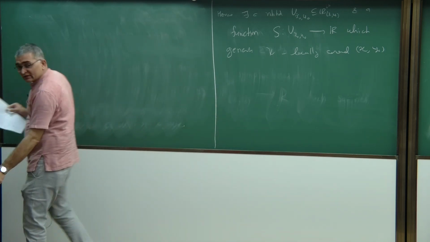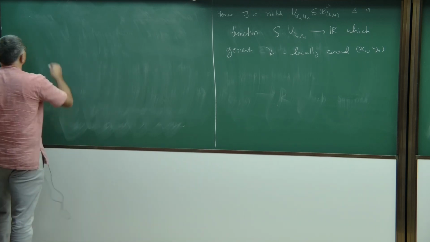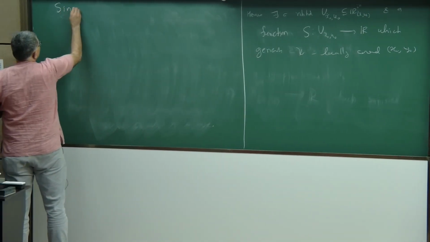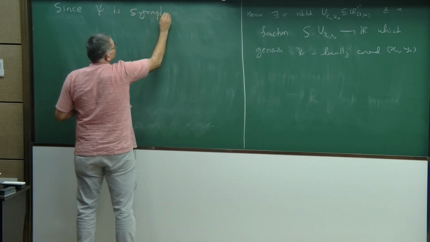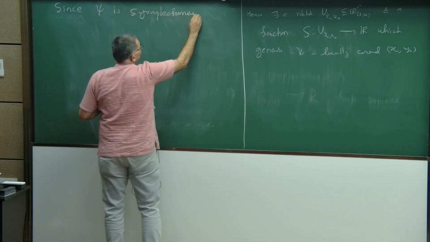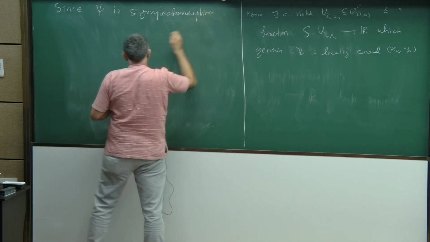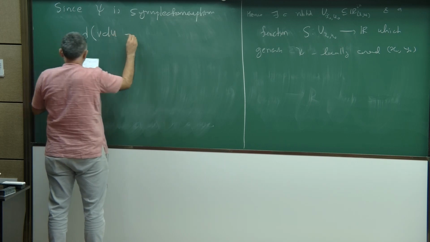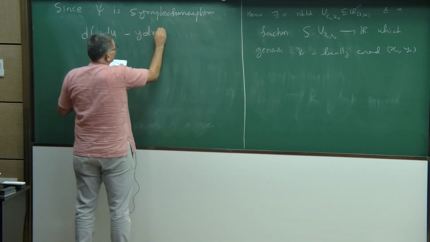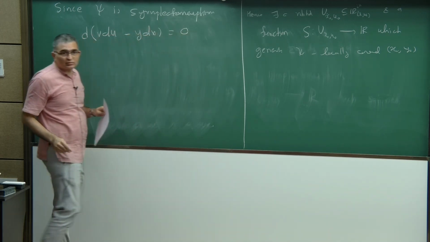So, remember, since psi is a symplectomorphism, d of v du minus y dx equal to 0.